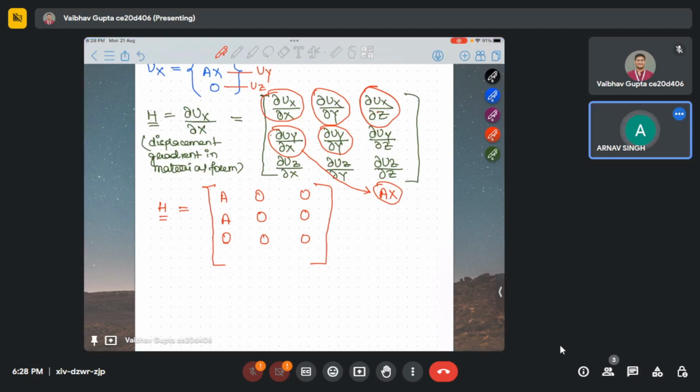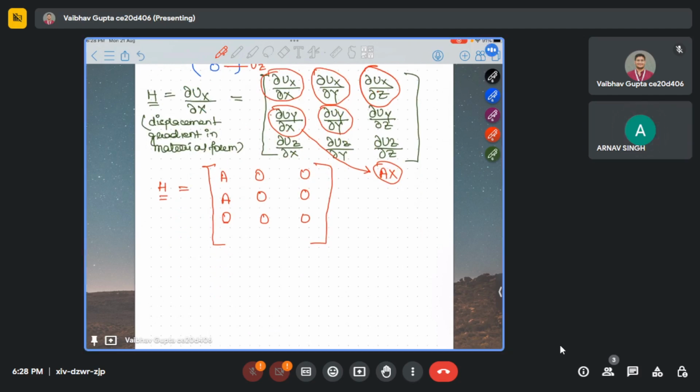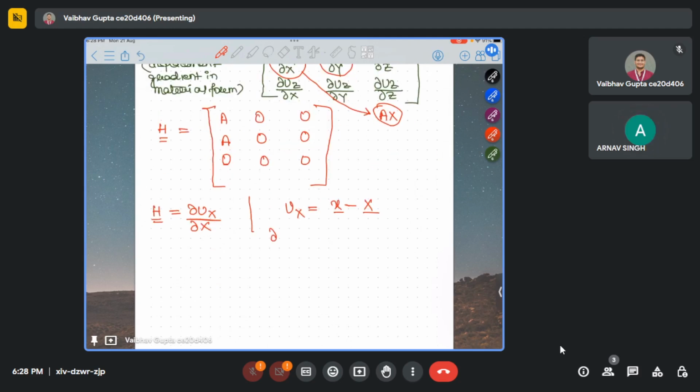One more formula is there to calculate H. See, this H is nothing but dou Ux by dou capital X. You know Ux is small x minus capital X. If you differentiate this thing, what will you get? F minus 1, where 1 is the identity matrix.